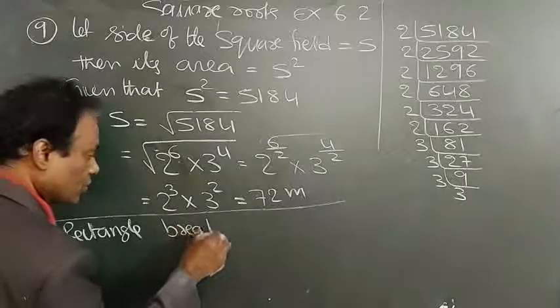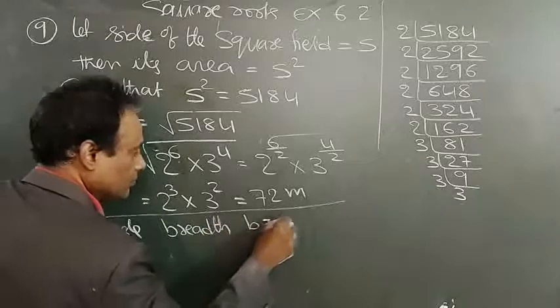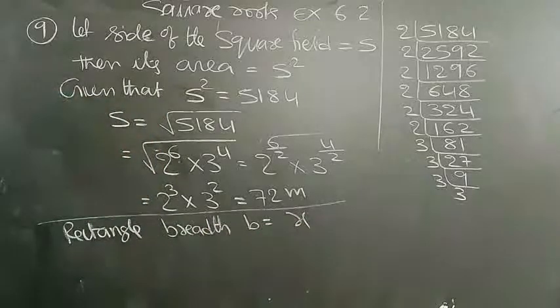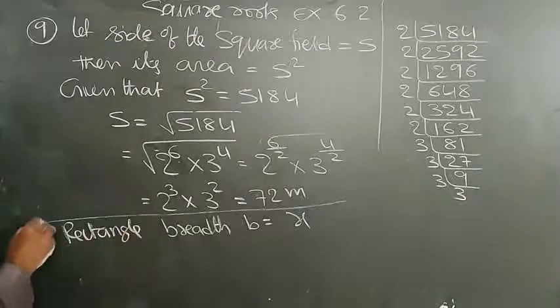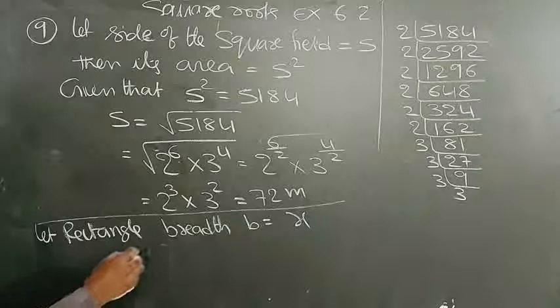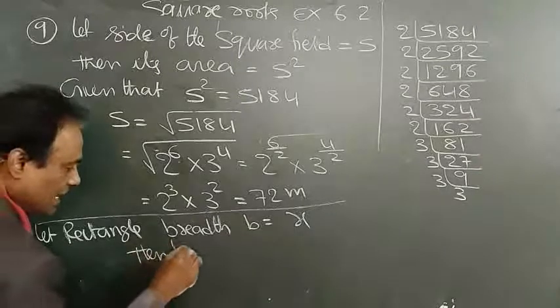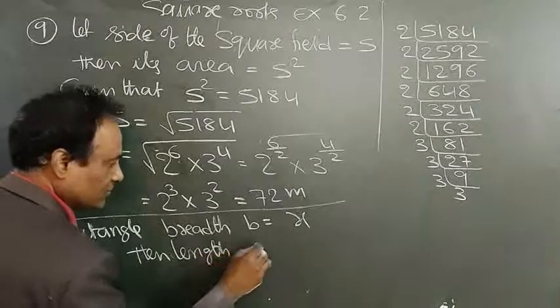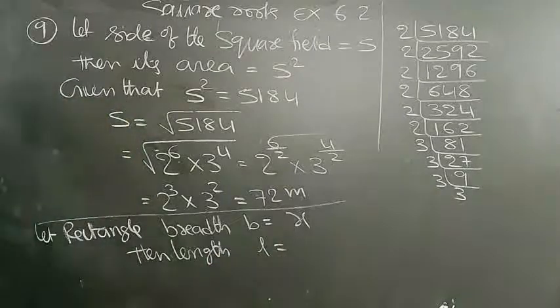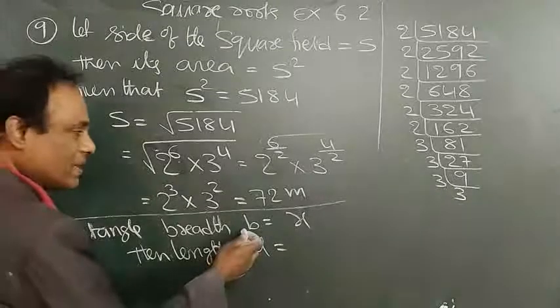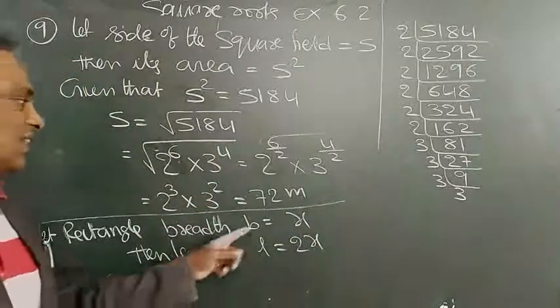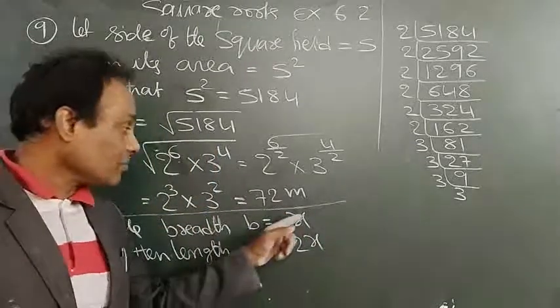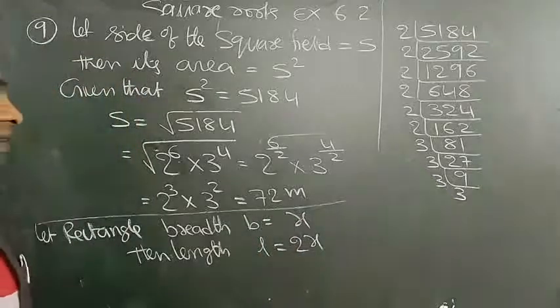Let the rectangle breadth be x. Then the length: breadth is x, length is twice the breadth, that means 2 times the breadth, 2 times x, 2x. See here.